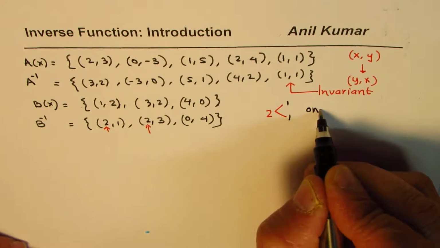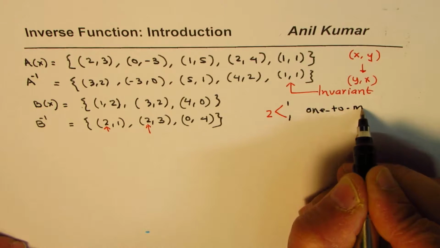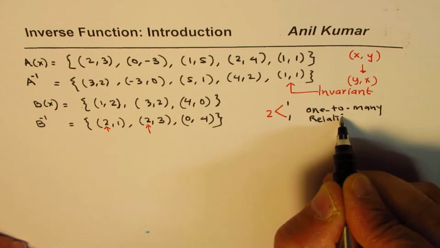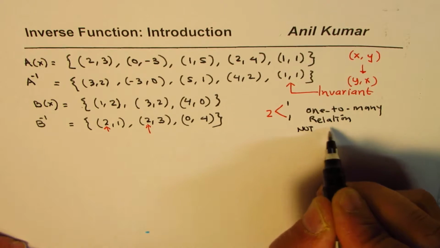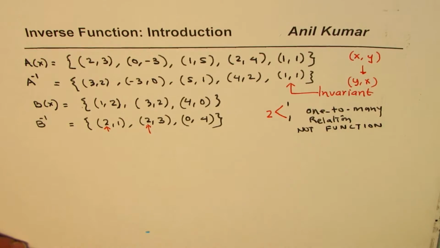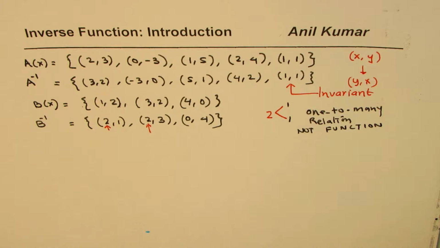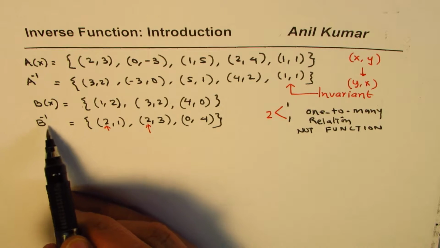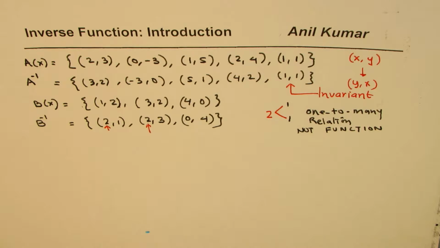It is a 1 to many relation, not a function. Do you see that? So there is great possibility that at times inverse may not be a function, and that's the reason why we don't really write b inverse x like we have written there. Unless and until it is a function, we should not be writing. Well, that's one way of writing inverse of a function.